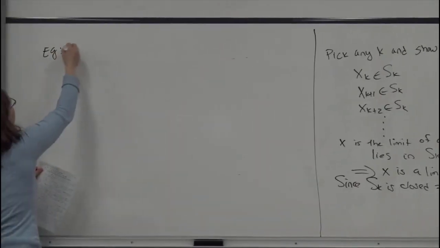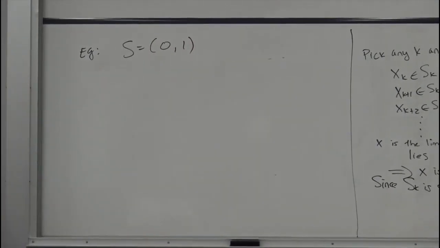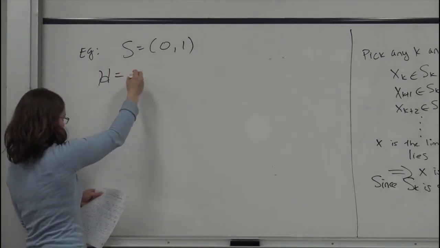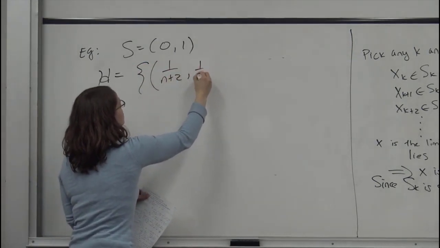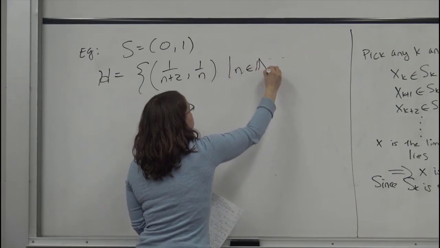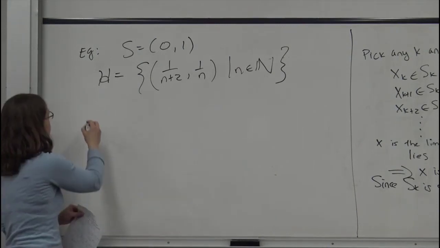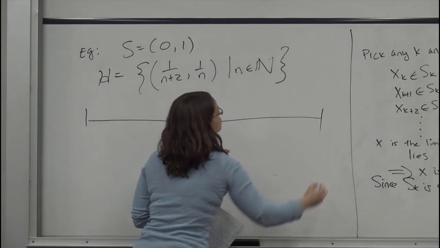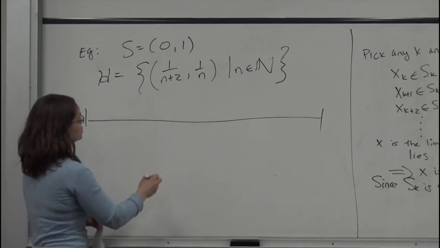So let's suppose my set is the open interval from 0 to 1. And my open cover is going to be all intervals of the form 1/(n+2) to 1/n. Okay, so here's my interval. The first set in here is, I guess, 1/3 to 1.